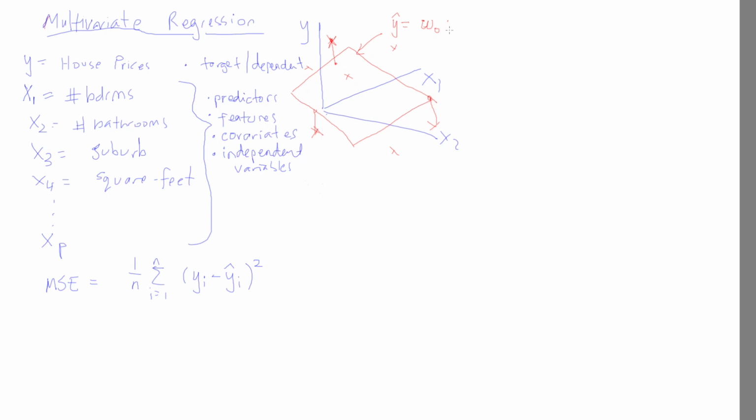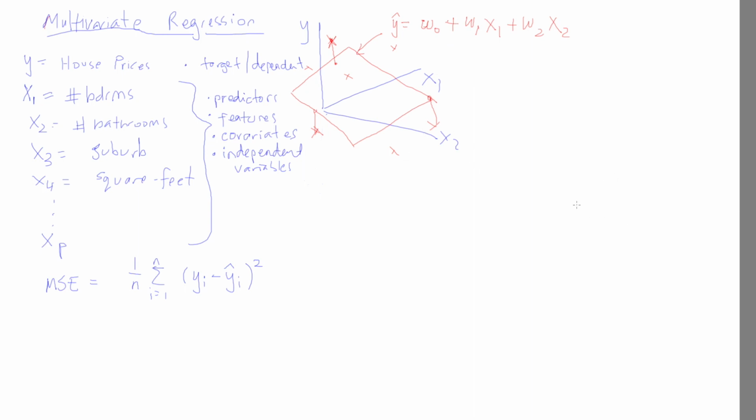I want to use W0 for the intercept plus W1 x1 plus W2 x2. So this is my line, or my line in 3 dimensions.